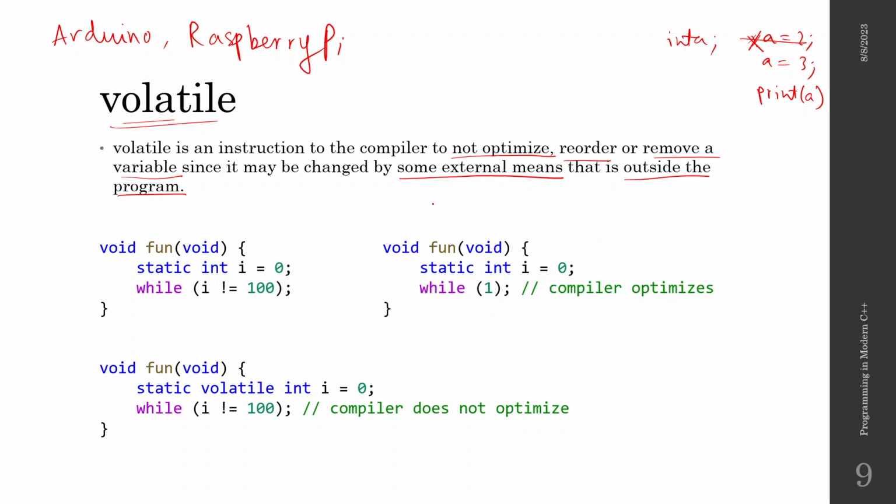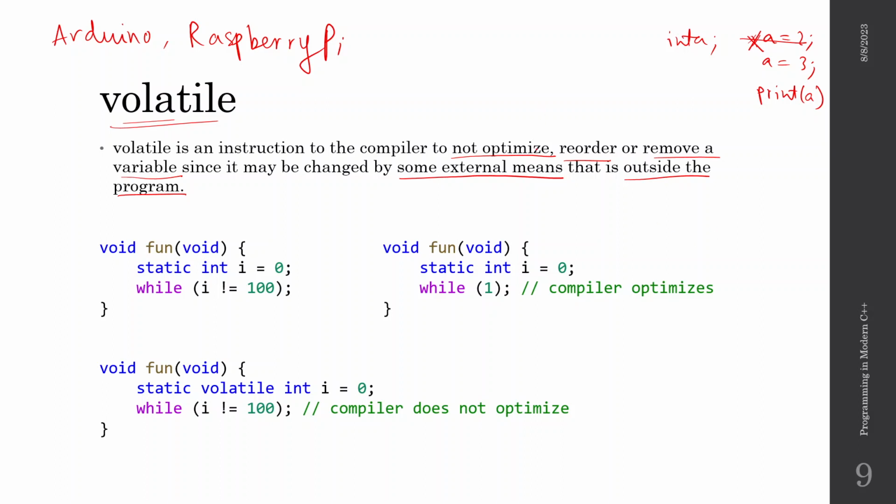This is a bit difficult to understand. It means that we are telling the compiler that the variable may get changed outside the program. Some hardware thing or some OS thing might change the variable. So the compiler cannot be sure that the variable will remain constant or unchanged, so it cannot optimize it.